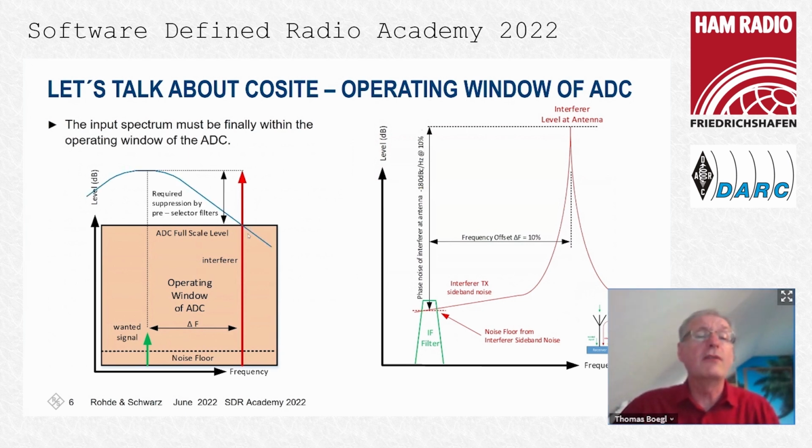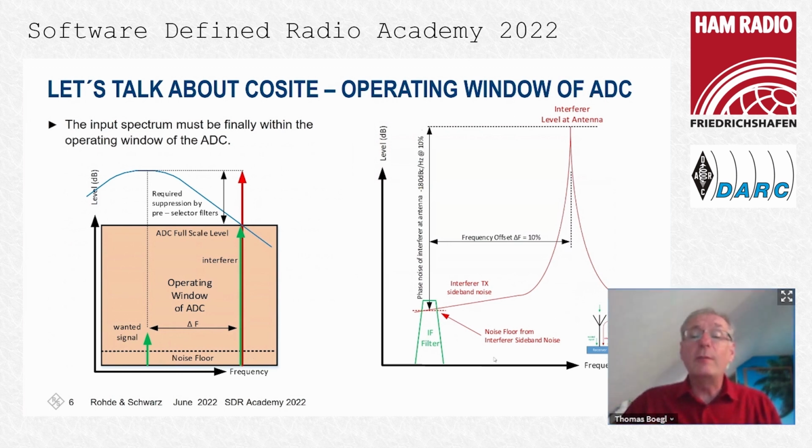In this case, the blue curve is representing a bandpass filter, which is providing the missing selectivity and suppression. And this will bring now this red interferer into the operating window of the A to D converter. So we have only green signals left. So that means if we are offering this spectrum to the analog to digital converter, it will be fine.